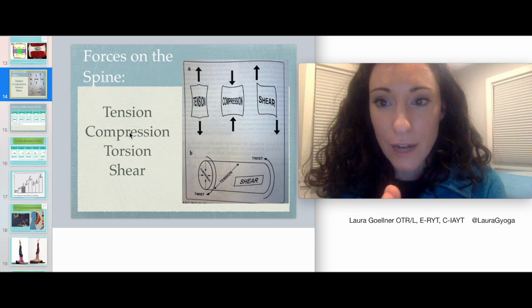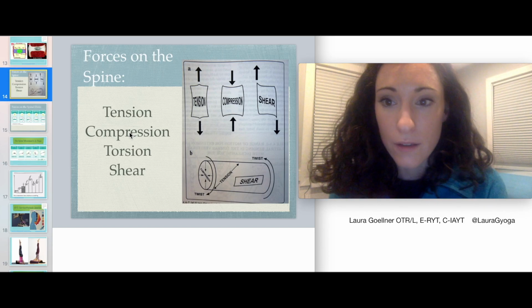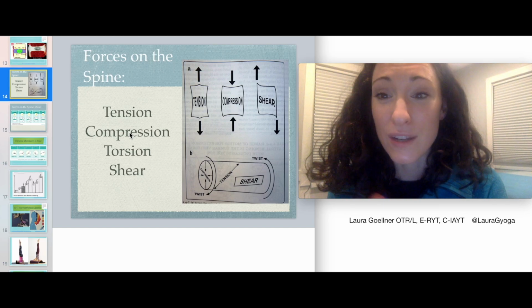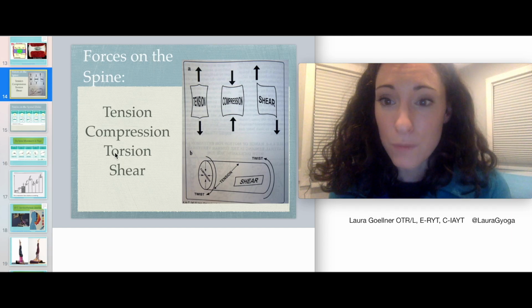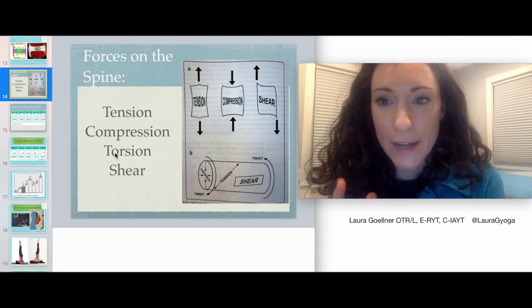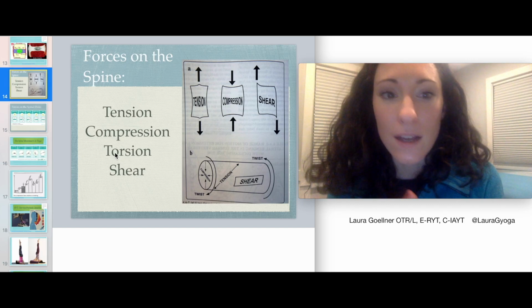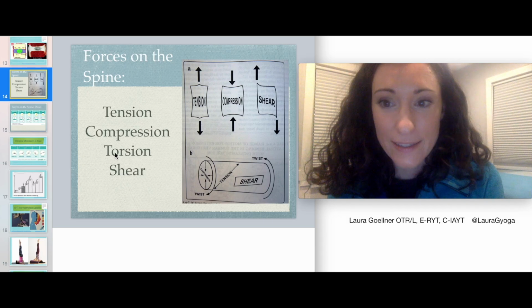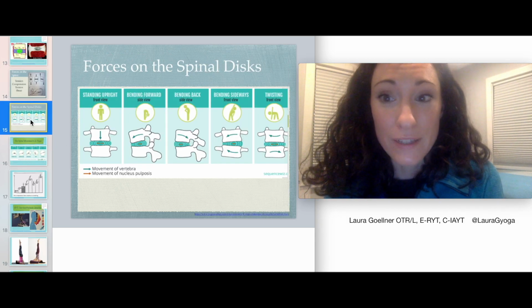We want to sit somewhere right in the middle there where we're getting all of these different forces, which is going to tell the body to upkeep the tissues in a way that's really strong and therefore preventing injury. If we do find ourselves in some sort of traumatic situation like an accident, we're less likely for those tissues to rupture or tear or be injured because we gave them the proper amount of stress consistently for a long period of time, so they were more resilient.